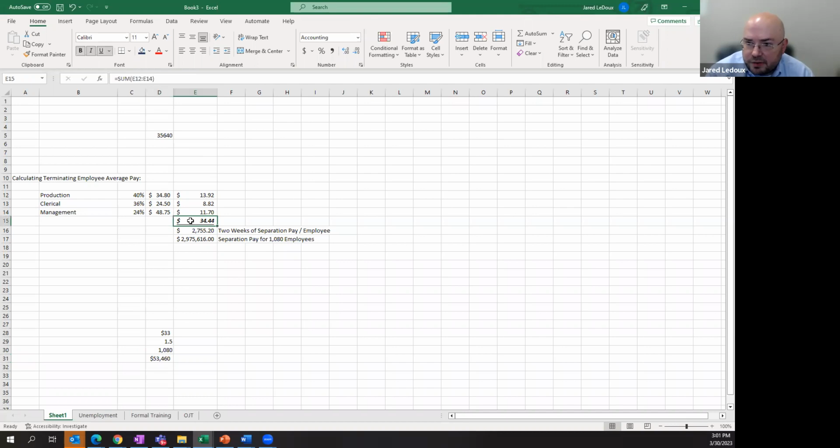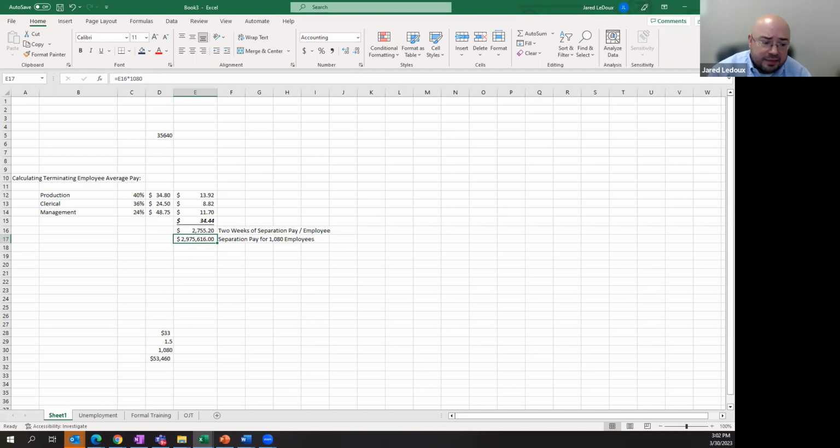So if we know that the average hourly rate for those terminating is $34.44 an hour, and we know that they're going to get 80 hours, you can see my formula up here, 34.44 times 80, we're paying each employee $2,755.20 to leave the organization. We then want to expand that to all 1,000 employees, and I get a 2.9 million number.